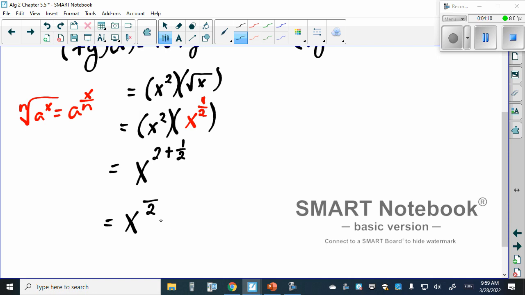If we did this by hand, we'd have to turn 2 into a fraction with a denominator of 2, and the numerator would be 4, because 4 divided by 2 is 2, so 4/2. And 4/2 plus 1/2 is 5/2. So our f times g of x is x to the 5/2.